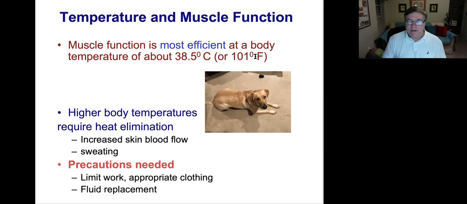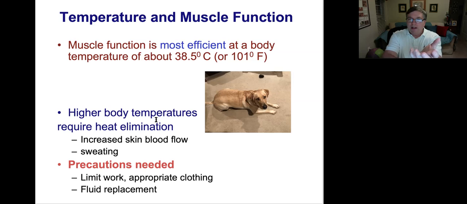So when we're exercising, our body temperature and core temperature can increase to 38.5 to 39 degrees, 101 to 101.5. So one of the benefits of exercise is actually this increase in temperature. It increases heat shock proteins and other types of protective proteins. It gets to be really super important. Again, at higher body temperatures, we have to worry about getting rid of heat. Humans are pretty good at that because we can sweat.